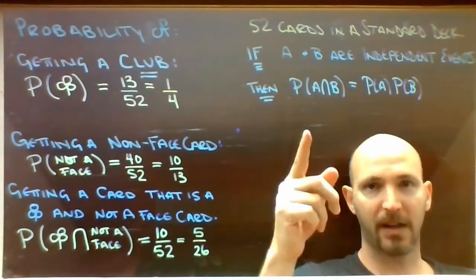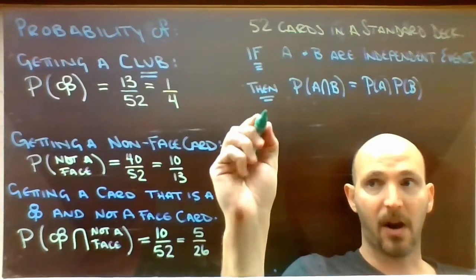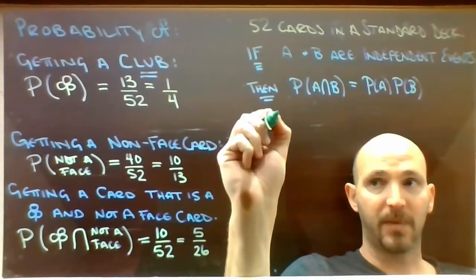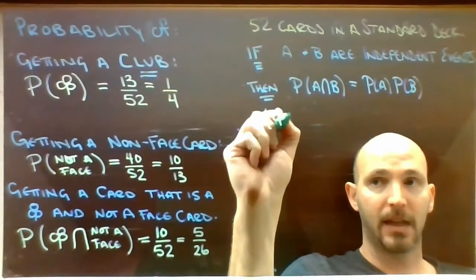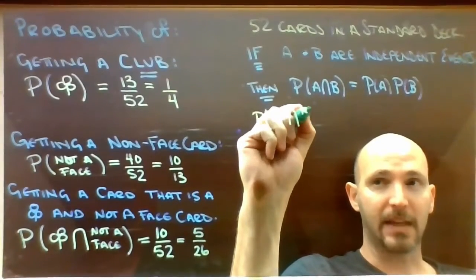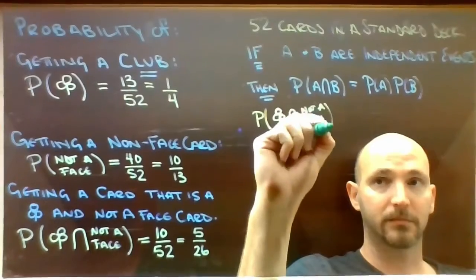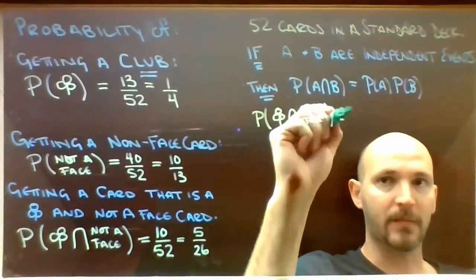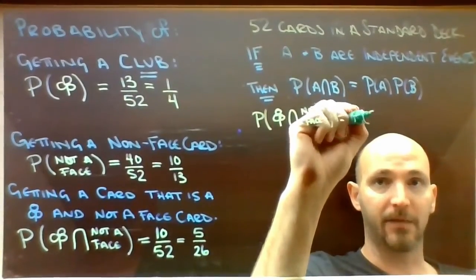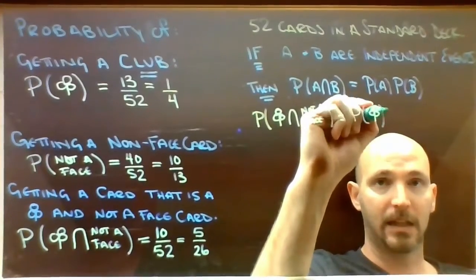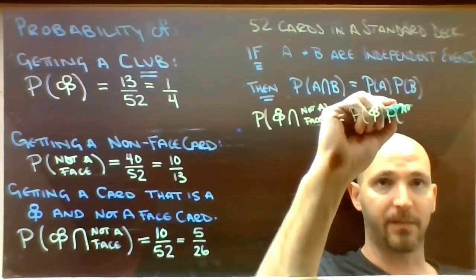So if I were to try and use this formula then, the probability of being a club and not a face card should be the probability of getting a club and the probability of it not being a face card.